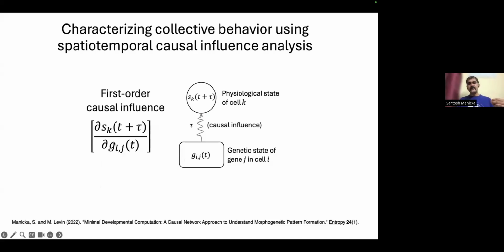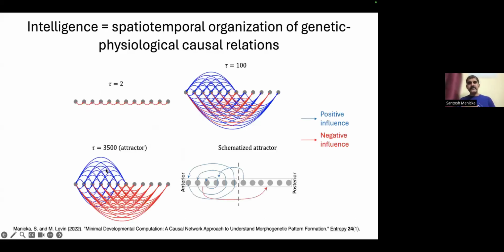It's the causal influence between the gene and the cell activity, the physiological state. We compute this and we keep, say, the strongest influences, and we plot these in the form of causal networks, like I showed you before. Then we see patterns emerging.